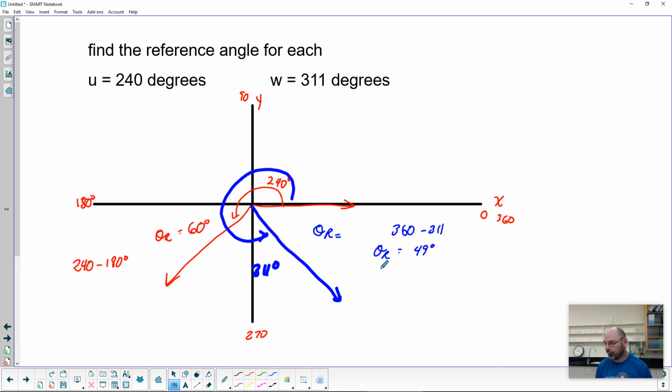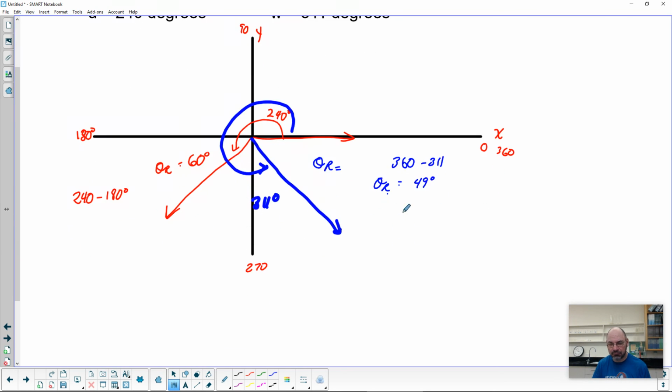Okay, so for today, I'll just mainly focus on reference angles and angles in standard position. So this is on pages 83 and 84. And you can do 1, 2, 3, 4.